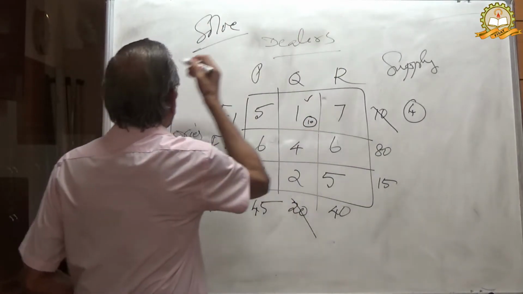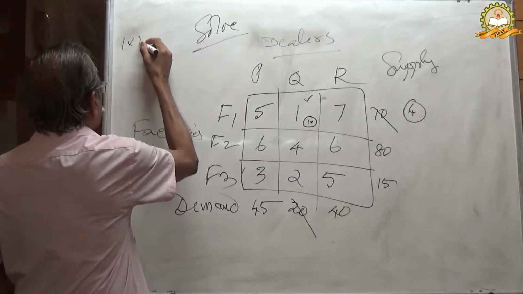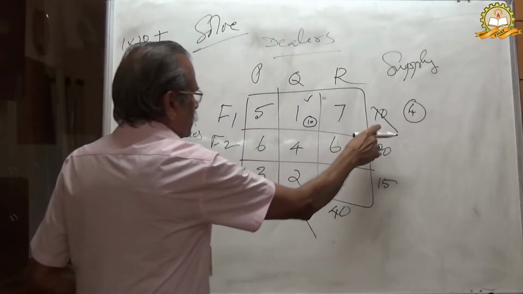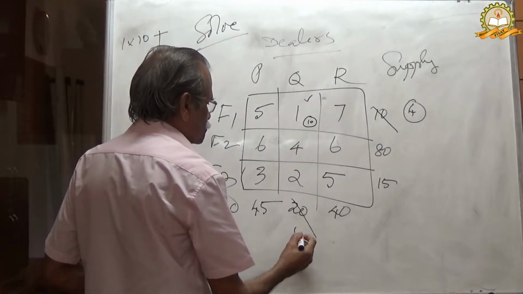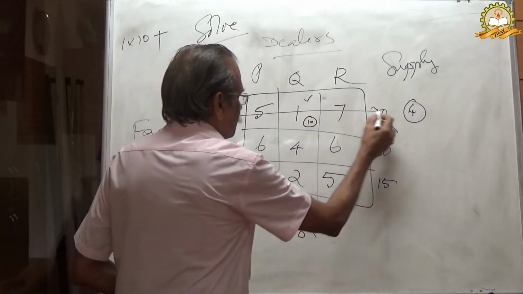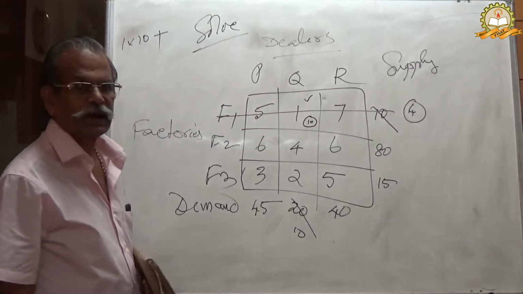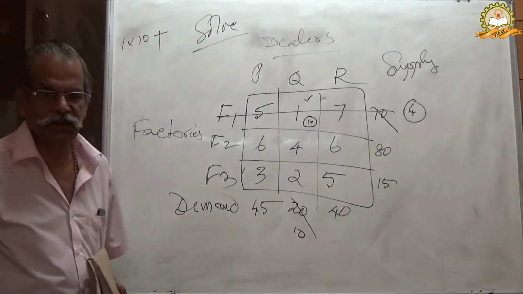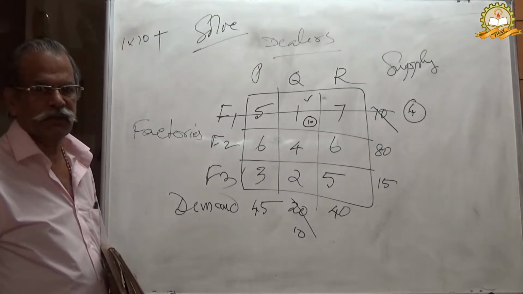Therefore, you get 1 into 10 plus. Therefore, 10 from 20, balance 20. Therefore, the production at F1 is completed. No more quantity is available there.